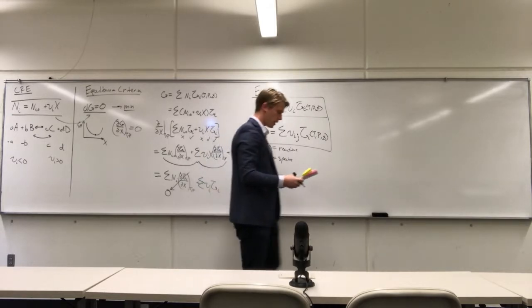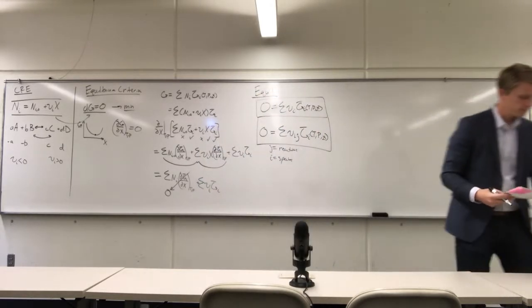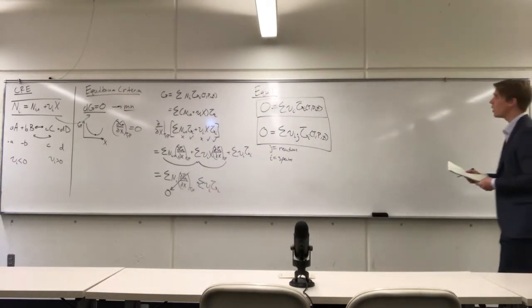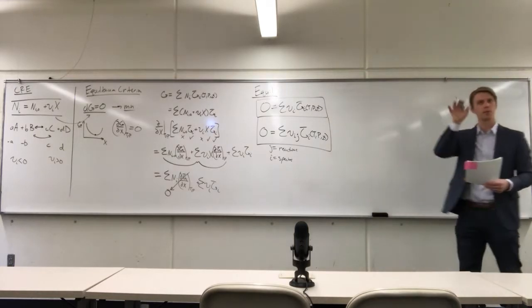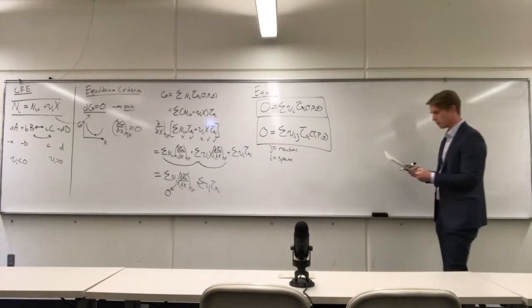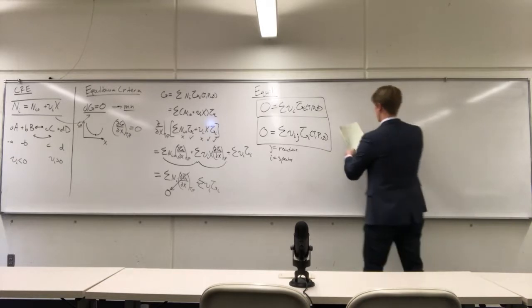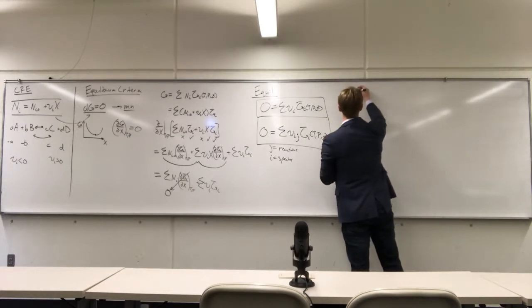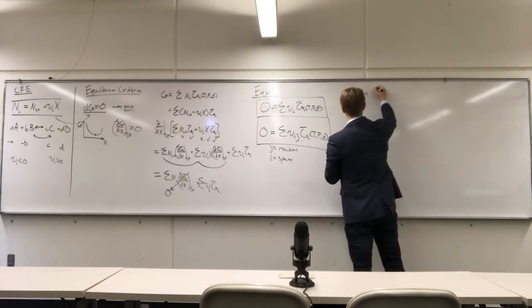So just as a quick example of how we should want to organize our thoughts when we start to do chemical reaction equilibrium problems. Let's say, for example, we have a reacting system.